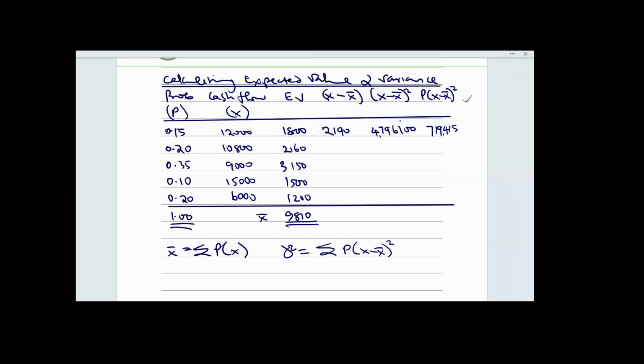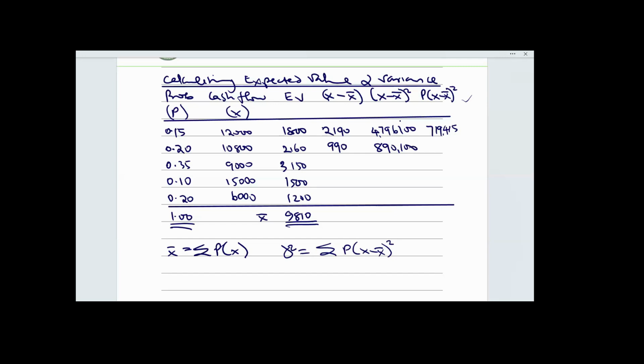Then the second one, 10,800 minus 9,810. What do you have? 990. 990 squared is 980,100.